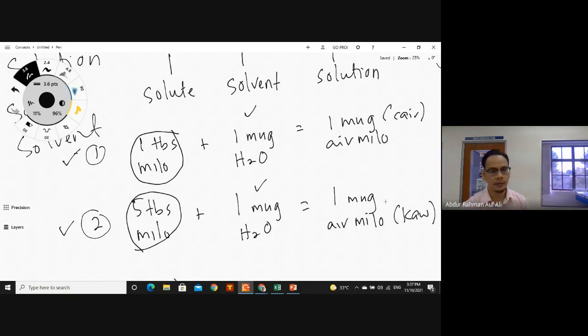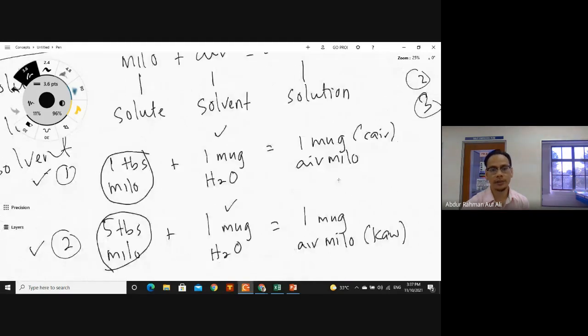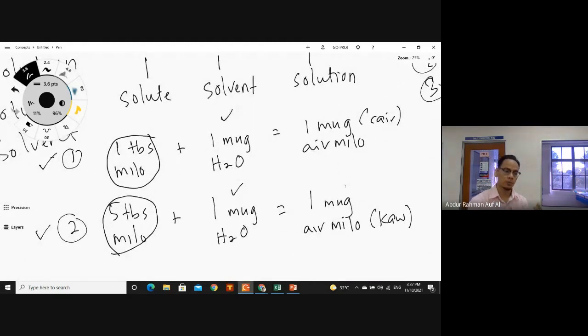Kalau nak discuss saturated, unsaturated, supersaturated. Unsaturated means kandungan solution tu mengandungi sedikit saja bahan yang terlarut. Okay, there's a small amount of solute dissolved in the solvent.